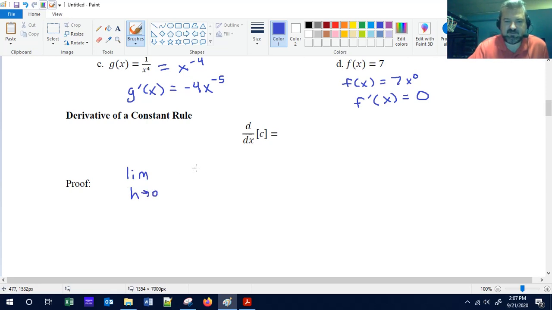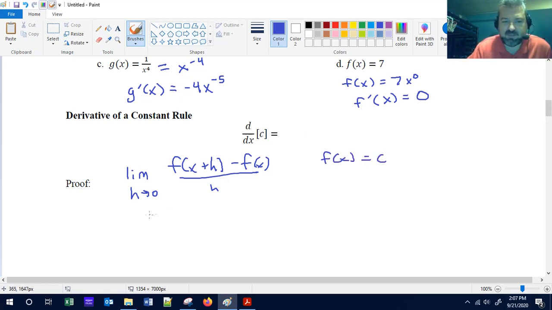So the limit as h goes to 0 of f of x, which is c, plus h. Well, there is no x, right? You know what? I tell you what. Let's write down the formula: f of x plus h minus f of x all over h. That's the formula for the derivative. And in this problem, our f of x is merely the constant c.